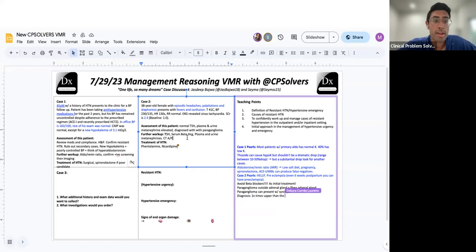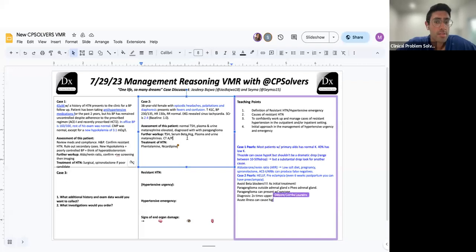The other one you don't want to forget about is acute illness. But that makes sense, right? Fight or flight. When you're having a stressful response like an acute illness, you're going to have the release of cortisol and adrenaline, and that can lead to a rise in your plasma and urine metanephrines.